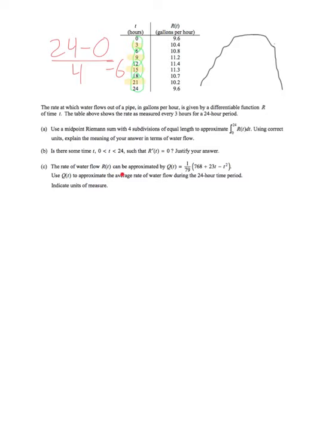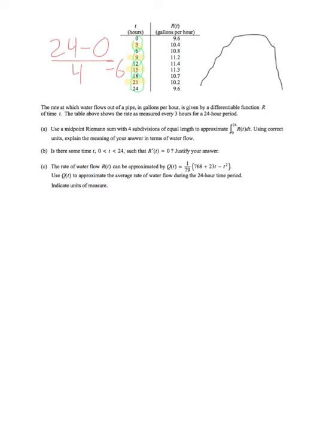Well, anytime they're asking about an average rate of change, I'm thinking about one of two things. I'm thinking, well, average rate of change is just the slope of a line connecting 2 points, or I'm thinking I have that formula using an integral that gives me the average value of some function. And it all depends on what information I have. If I have the amount equation, then to find the average rate of change, you use slope.